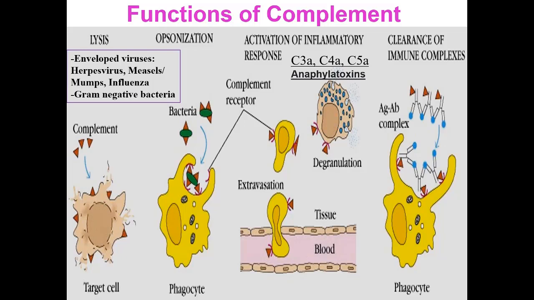These cells can carry the immune complexes into the spleen and liver, and in the liver and spleen, phagocytes destroy the immune complexes, and in this way the circulation is cleared of immune complexes.